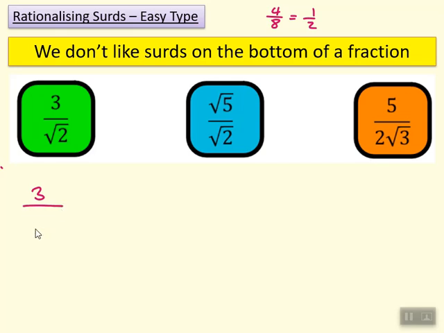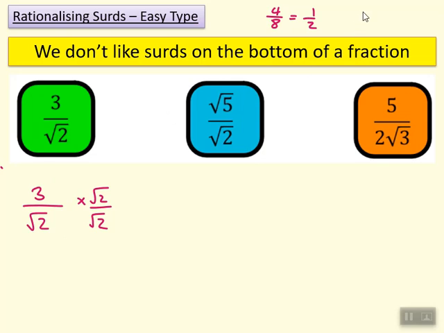It's a really, really easy technique. On the bottom of the fraction is root 2, and all we're going to do is multiply top and bottom of this fraction by root 2. If you think about it, it doesn't really change the fraction itself, but it is going to change its appearance.